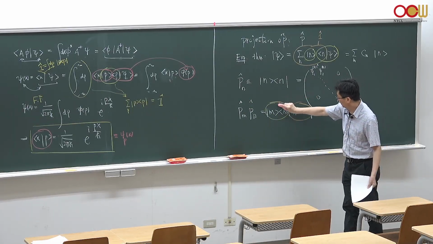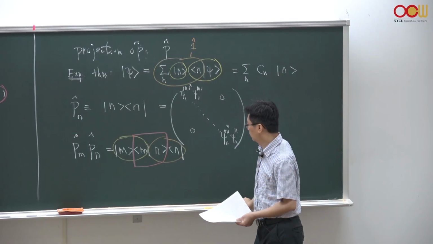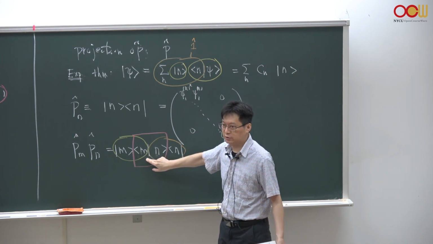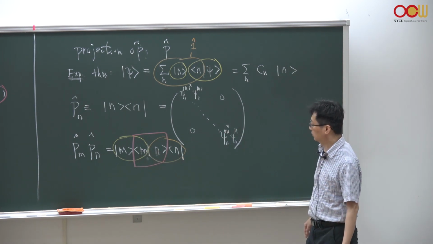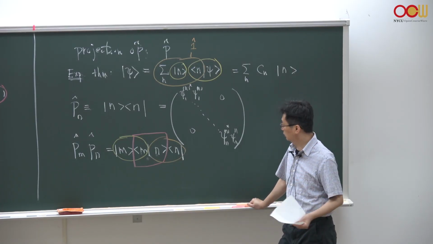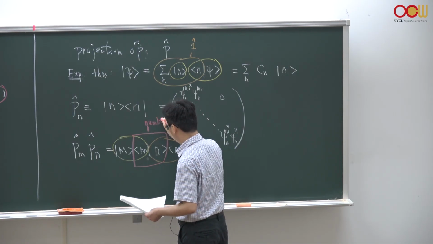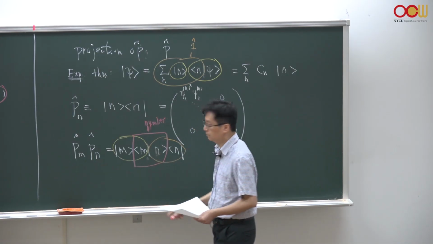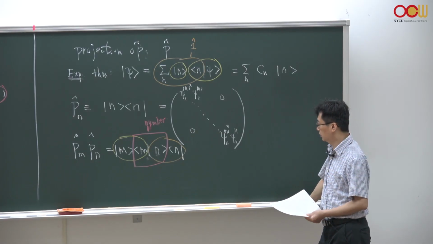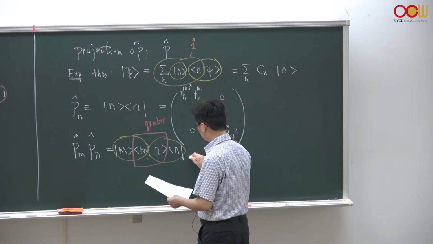Because you remember this kind of projection between a Dirac ket on the right and Dirac bra on the left is just a number, because this is just an inner product between two quantum states, and this is simply just a number. But what is this number telling us? Well, for a complete set of eigenbases, this inner product is nothing but a delta function.